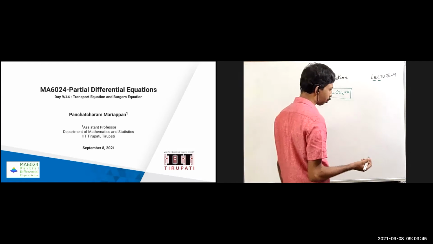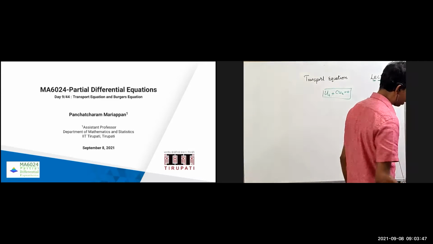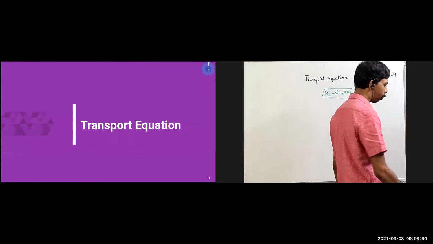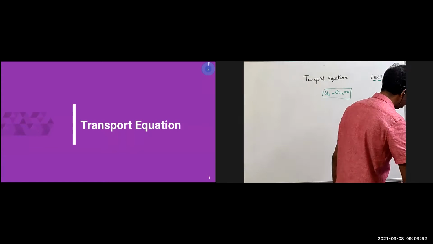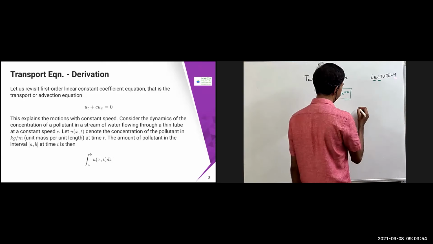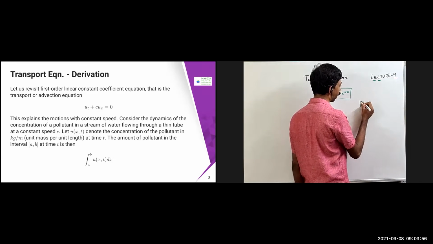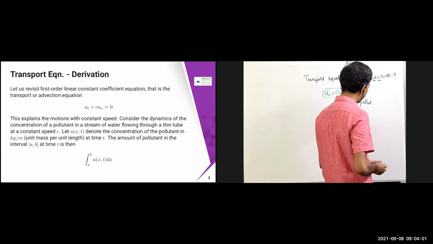What is the mathematical idea which I'm going to explain from this story? It is as follows. An ant was there, right? So I say there is a pollutant.